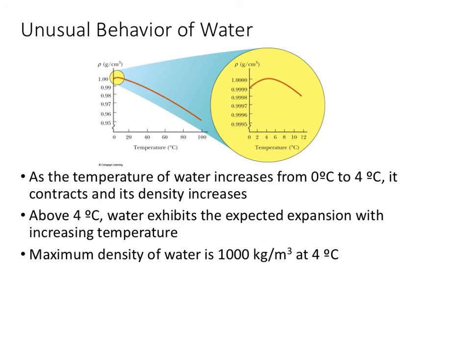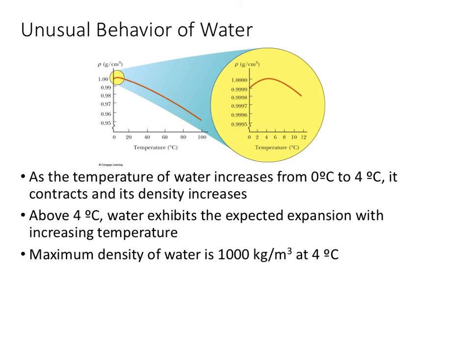Water actually contracts and takes up less space just in this particular temperature range. Now, above 4 degrees Celsius, water behaves as you would expect. And below 0 degrees Celsius, ice behaves as you would expect. But the density of ice is less than the density of liquid water.